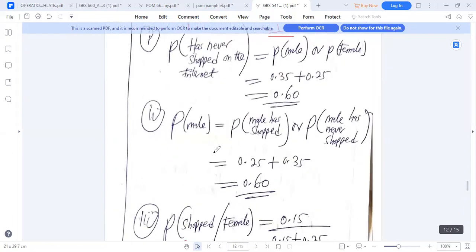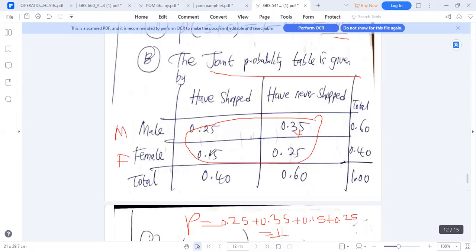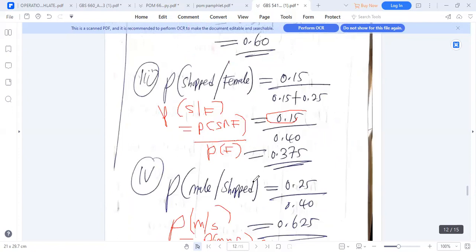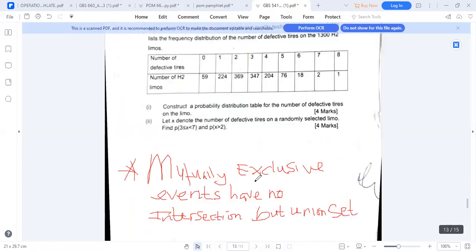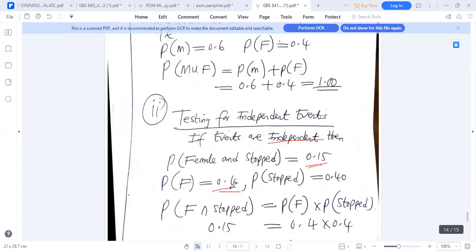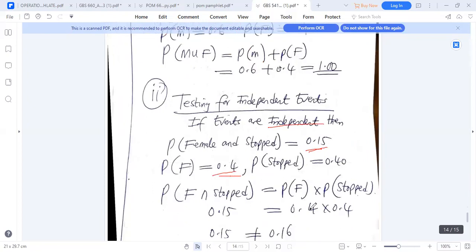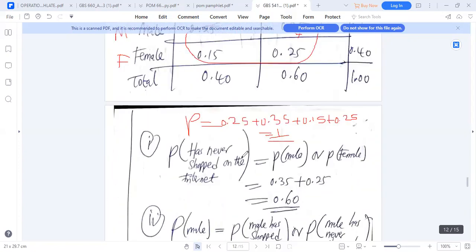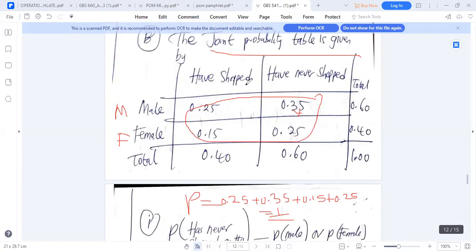The probability of female intersection shopped should equal the probability of female multiplied by the probability of shopping.